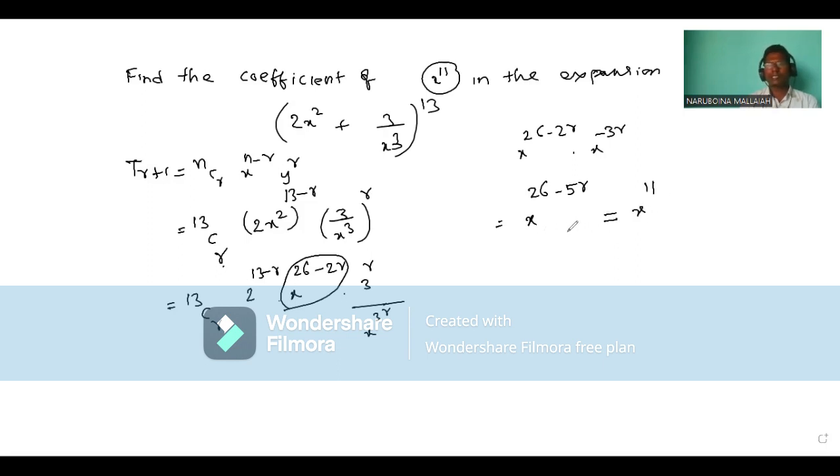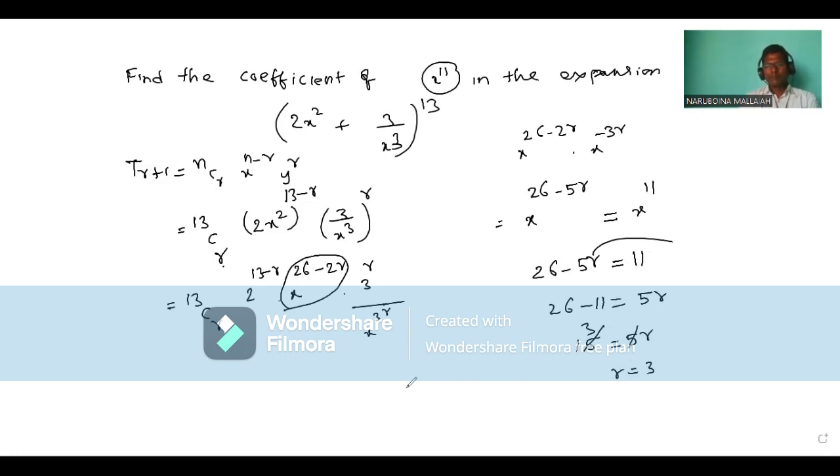Now the bases are the same, so 26 minus 5r will be equal to 11. Then 26 minus 11 is 15, equal to 5r. 5 threes are 15, so r is equal to 3.